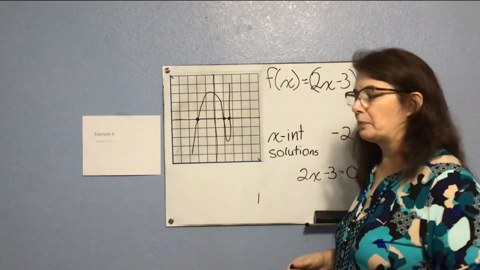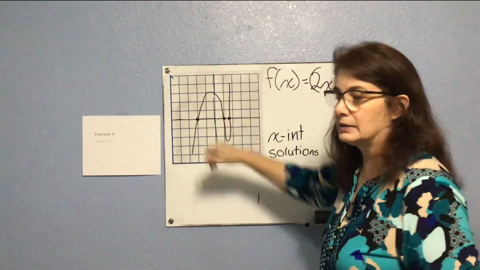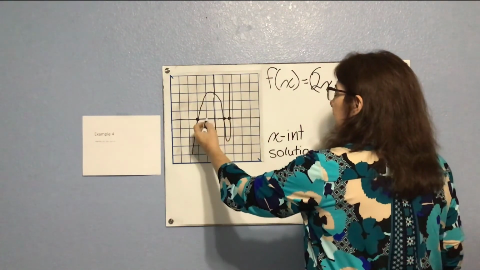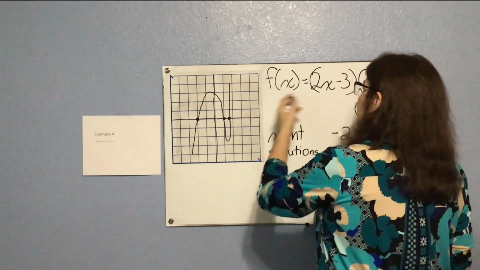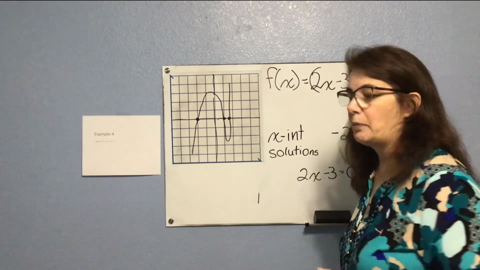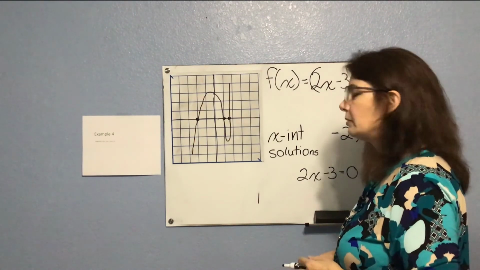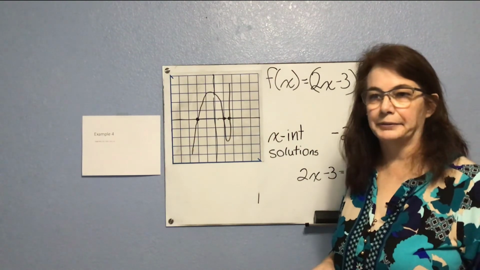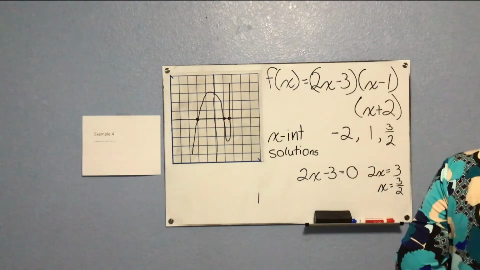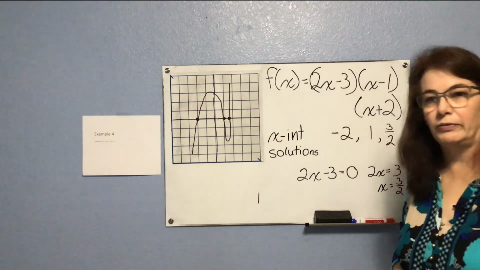If I want to be more precise, I could find the y-intercept to give me another point. I could pick x to be -1 and see what that did for me. And I can plot really as many points as I would like to kind of smooth out my graph and make it a little more accurate. But a lot of times this is all we really need to see. So pause the video now and work on checkpoint 4.